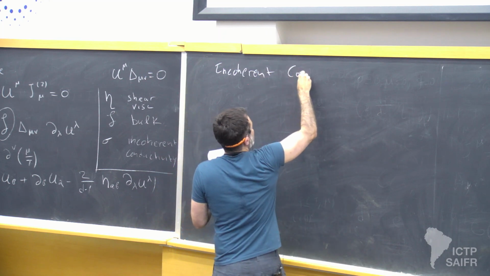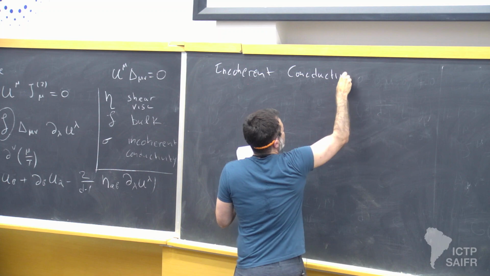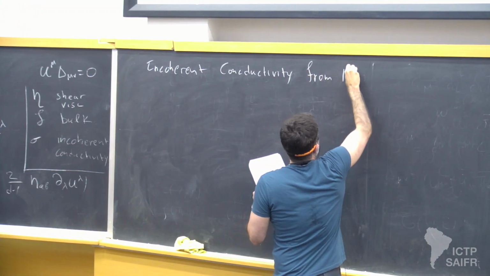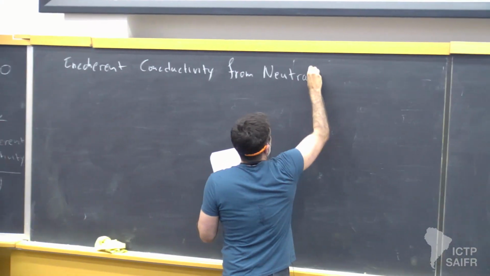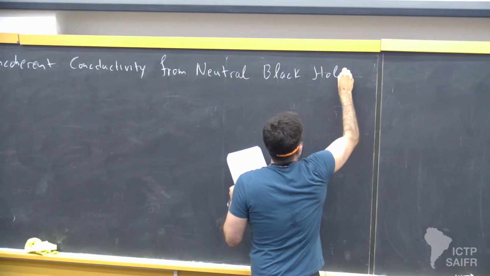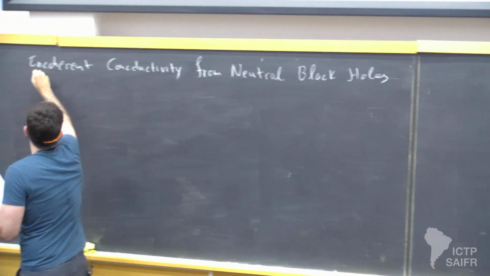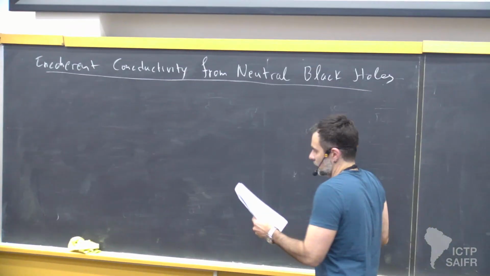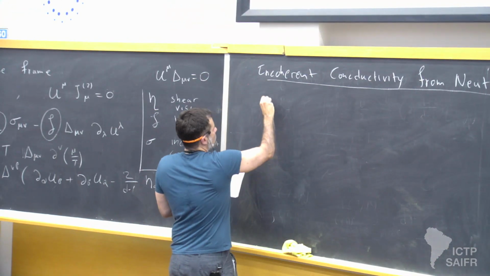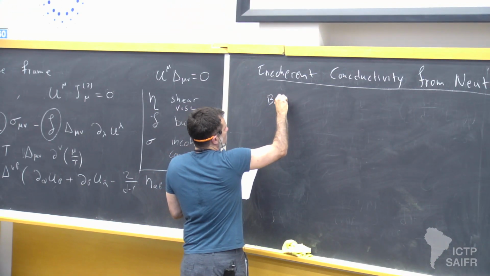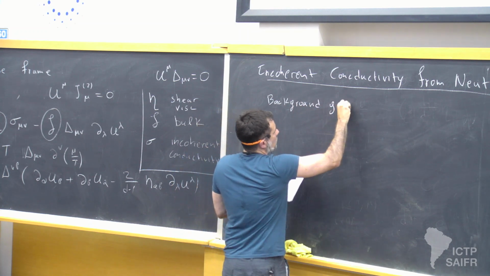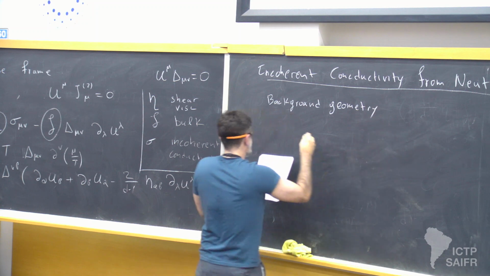Okay, so the background geometry that describes our black hole is this.